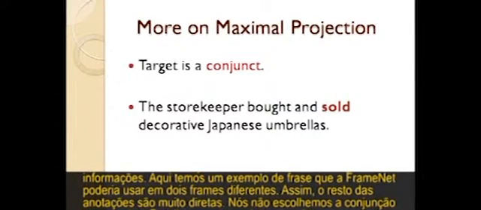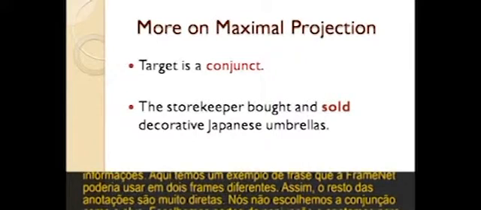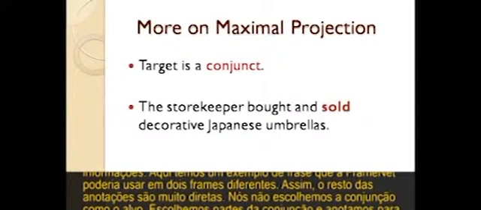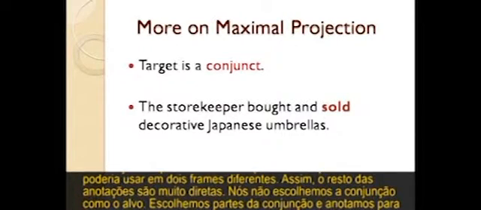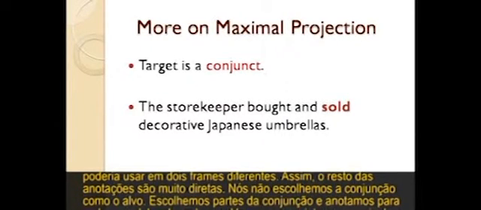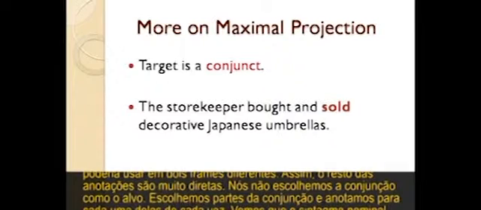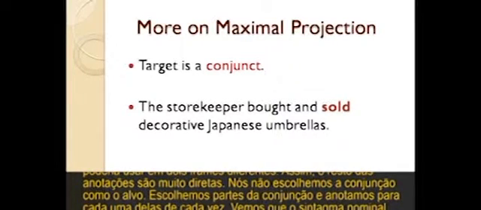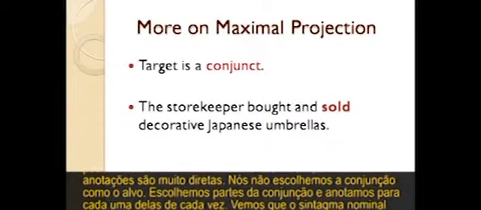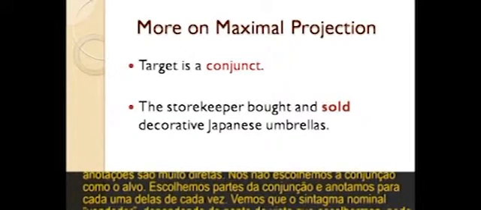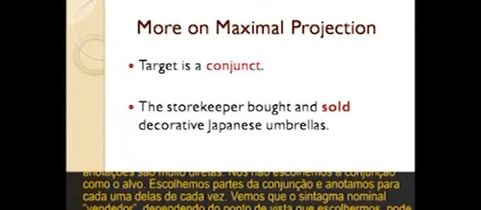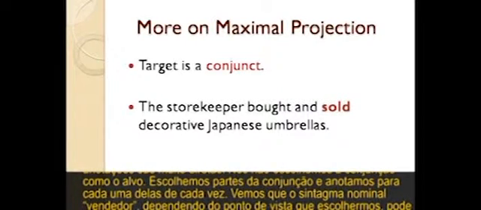Here's an example of a sentence that FrameNet could make use of in two different frames. As it happens, the rest of the annotation is pretty straightforward, right? We don't choose the entire conjunct as the target.